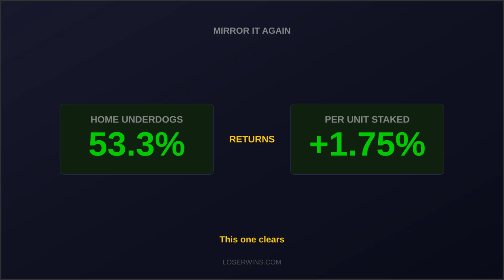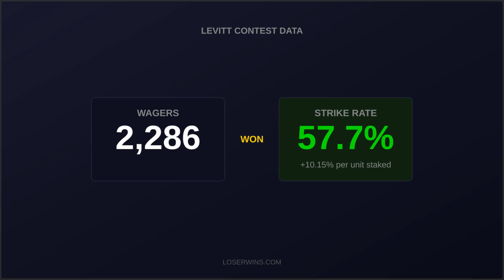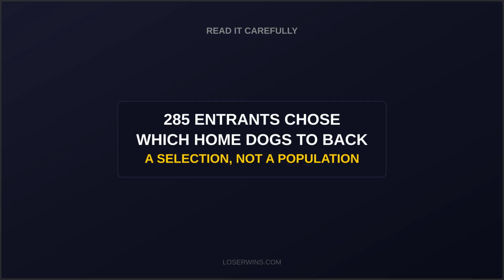His contest data points the same way. Across 2,286 wagers placed on home underdogs, those bets won 57.7% of the time, worth positive 10.15%. That figure needs a caveat rather than a victory lap. The 285 entrants chose which home underdogs to back, so it reflects their selections and not the full population of home dogs.